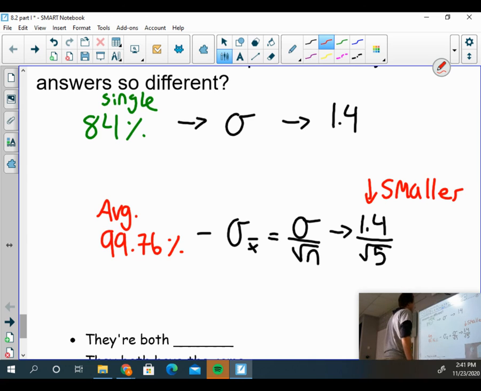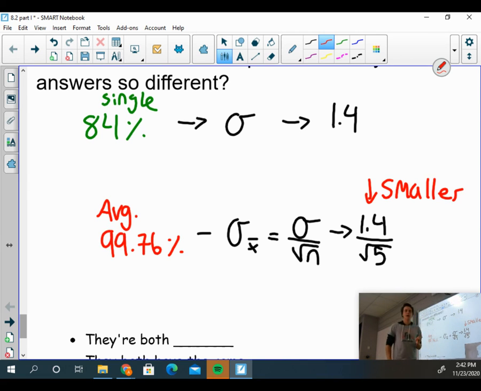And you can see that there is more area in the blue shaded region for what's on the right, the average, versus just pulling from the population, the graph on the left. And why should that make sense? Because the standard deviation for the distribution of sample means is smaller.